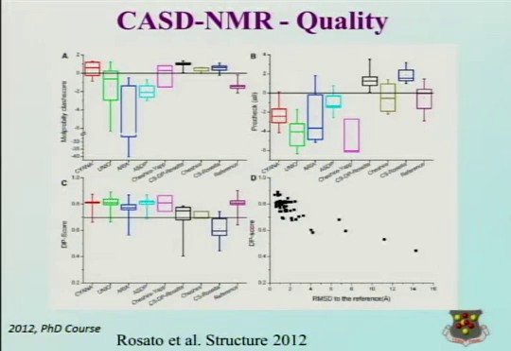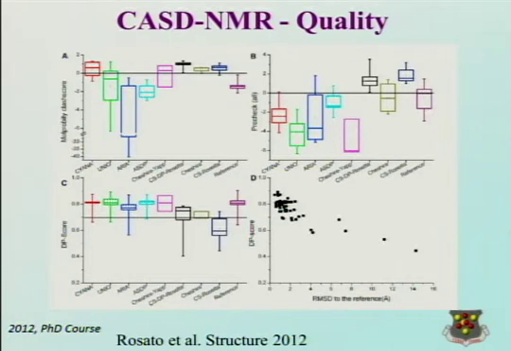You see these z-scores are positive, which means it's actually better than the average of X-ray structures, whereas typical NMR structures are worse, the score is negative, than the typical X-ray structure, which comes at 0.